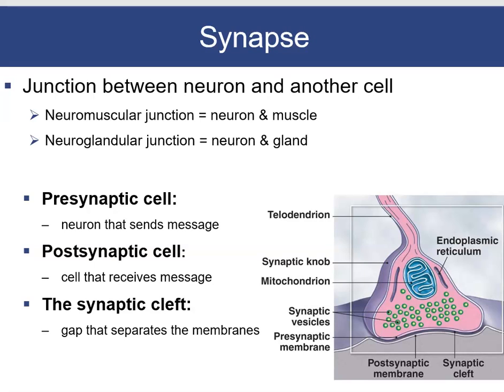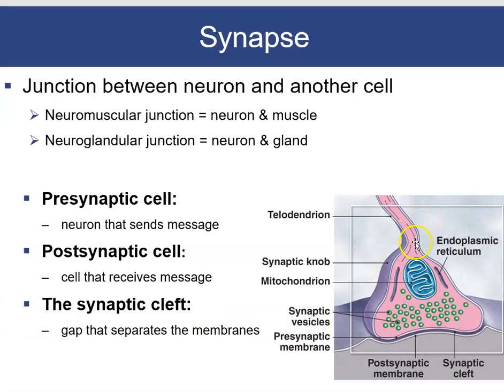Let's revisit the synapse. We looked at this at the neuromuscular junction earlier, but a synapse isn't just between a neuron and a muscle cell. It is between a neuron and any other cell. So yes, there is the neuromuscular junction, but there are also neuroglandular junctions.